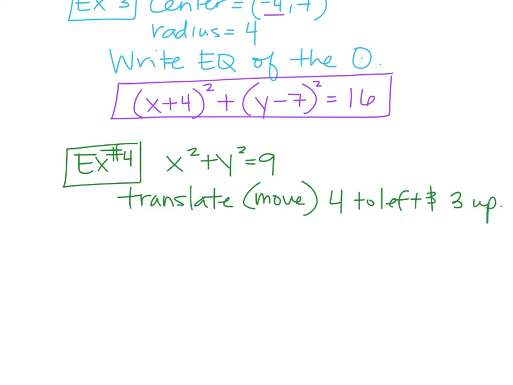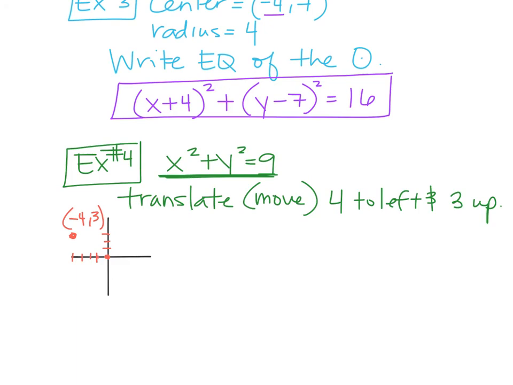Okay, so there's a couple ways you could do this. If you think about this equation, the center is (0, 0) right now. So if you want to graph it, just to give yourself an idea, you started here at (0, 0), and now you're moving 4 to the left, 1, 2, 3, 4, and 3 up, 1, 2, 3. Okay, so your new center is that point. Well, that point is (−4, 3).